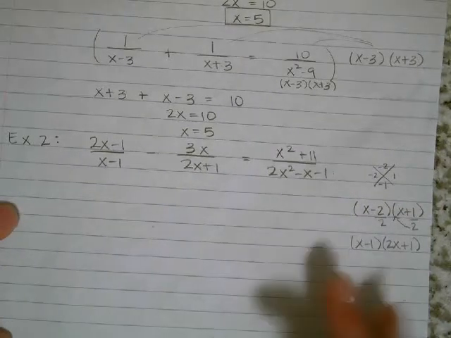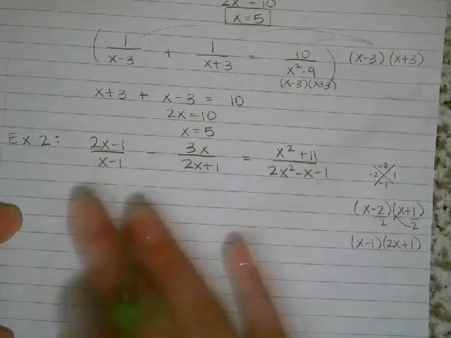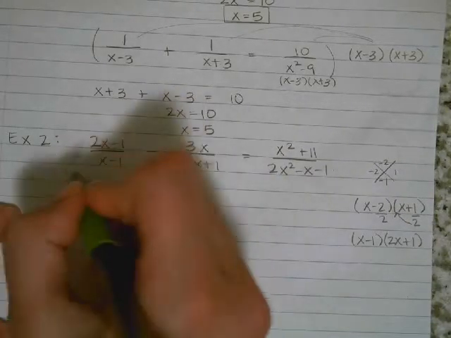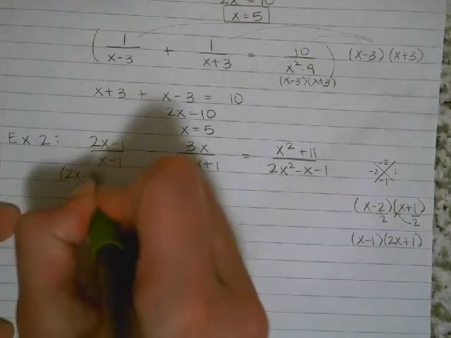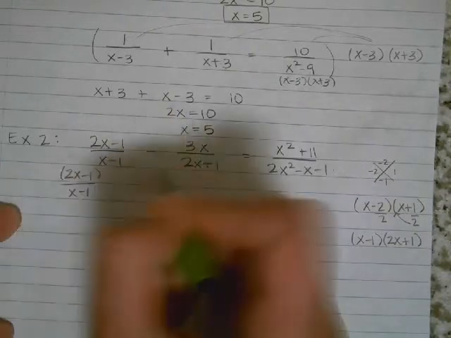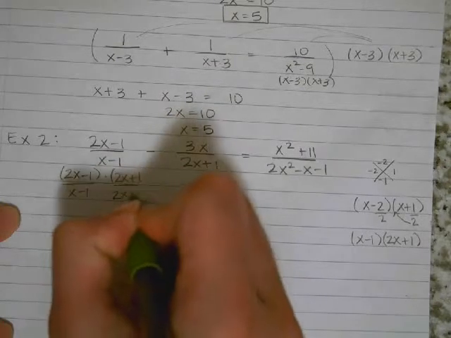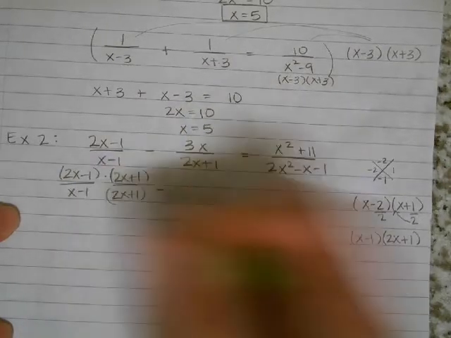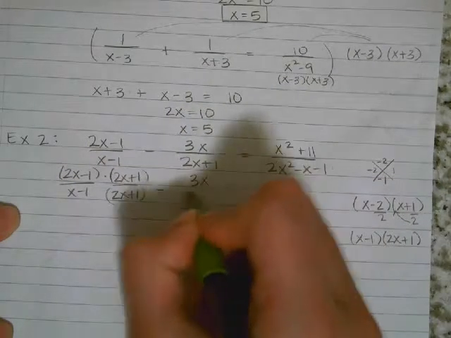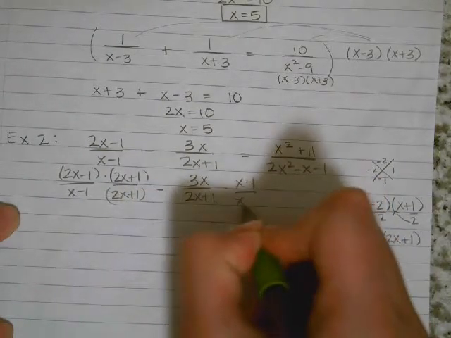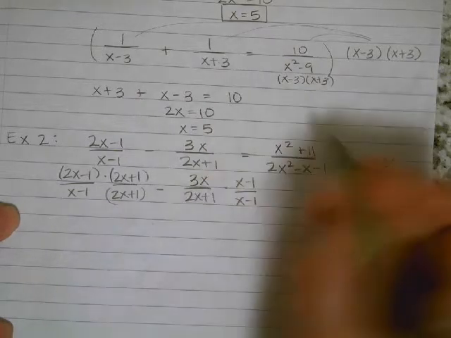Okay, so if we're going to get a common denominator for all three of these pieces, then this one needs the 2x plus 1. And then this one already has the 2x plus 1, so it's going to need the x minus 1. Do you guys like how I was inconsistent there with my parentheses?